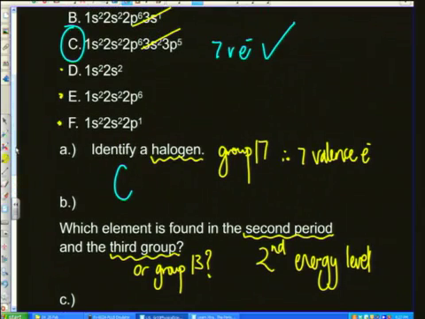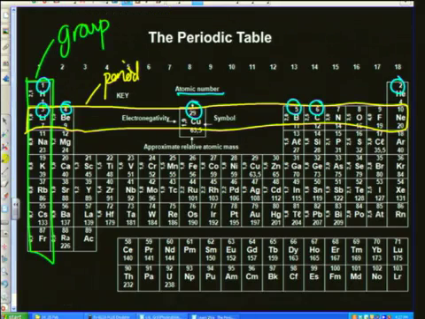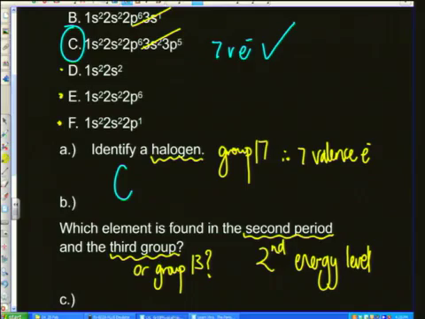Where would D fit in? D would fit in 1s2, 2s2, which means, and I'm going to jump across here, it would fit in 1s2, 2s1, etc. Let's keep going.